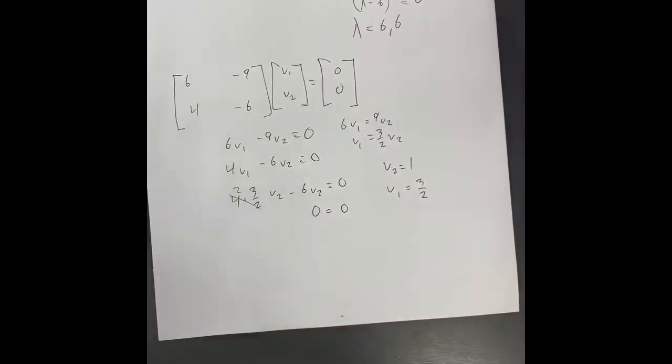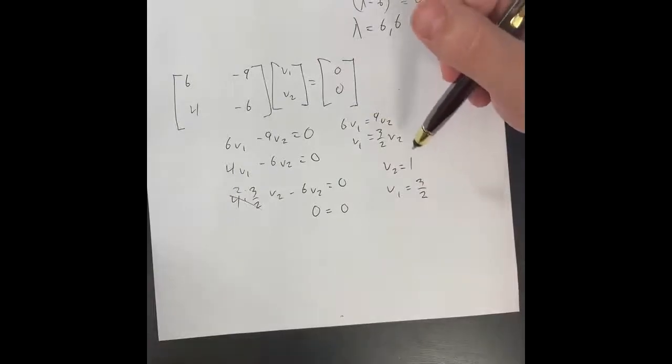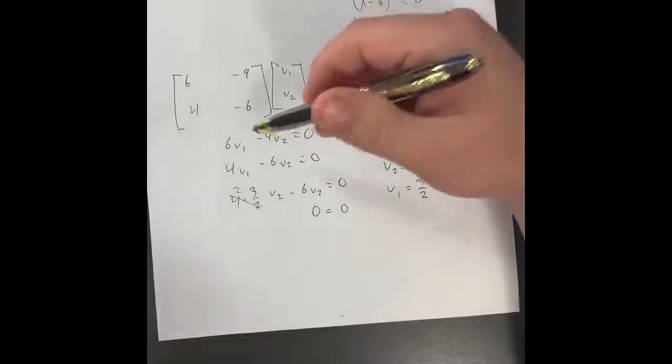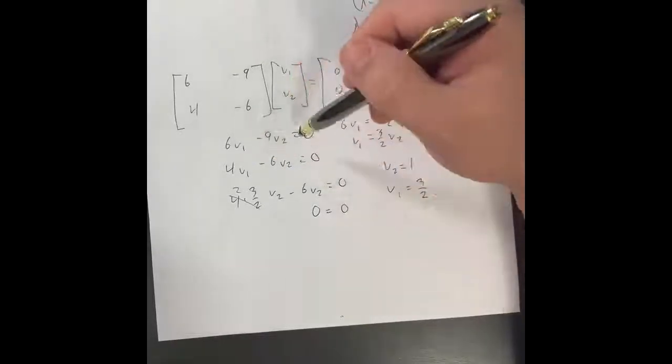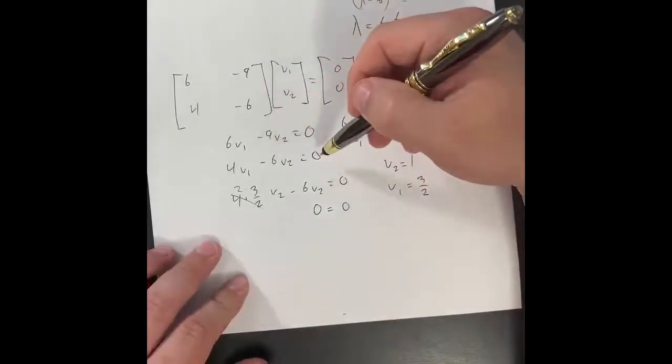Sometimes what might happen in this repeated eigenvalue case is you might end up with even more choices. You might end up in some case where these equations basically just turn into 0 equals 0 and 0 equals 0.